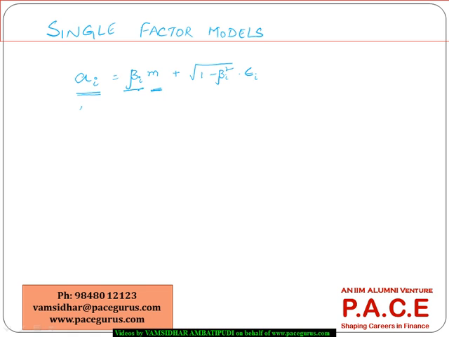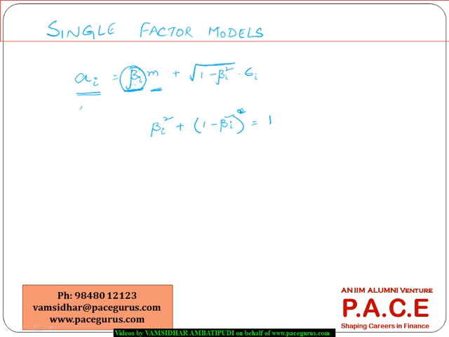With the market return M, beta_i is the correlation that is associated with the market. Then the square root of 1 minus beta_i squared, because at the square level the summation should be equal to 1. Beta_i squared plus 1 minus beta_i squared is making it equal to 1.